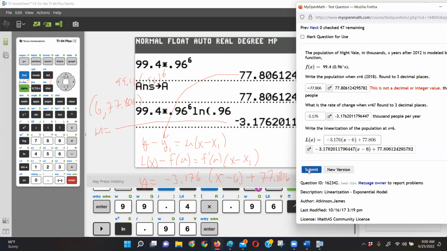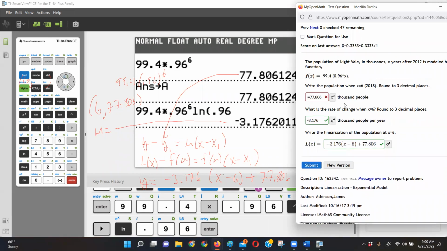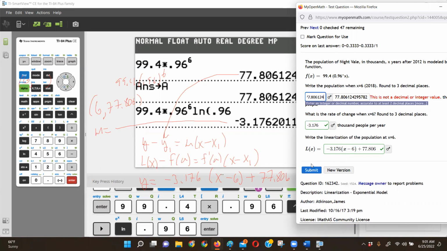You see, I've got the right answer. It's just a matter that it didn't like the rounding. What did I write? 806, 806. What do they have? 8061. Well, let's try 124 decimal. Let's see if it likes that.